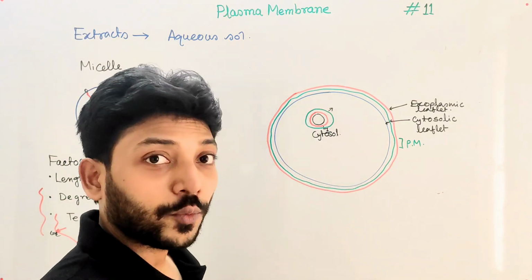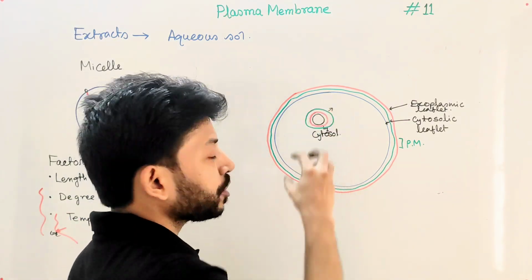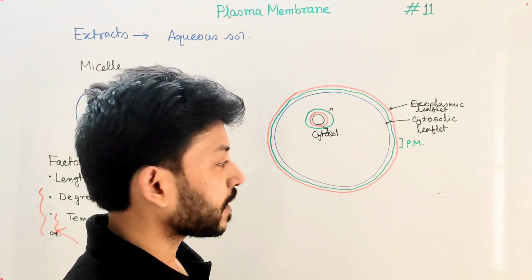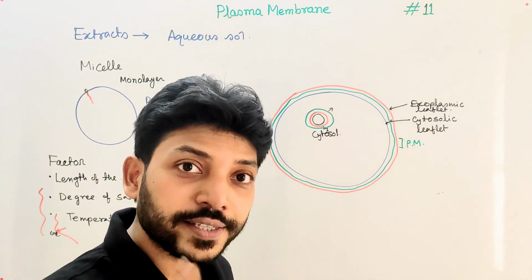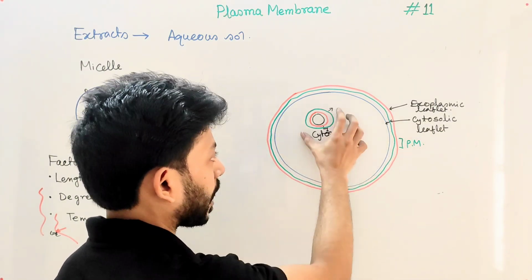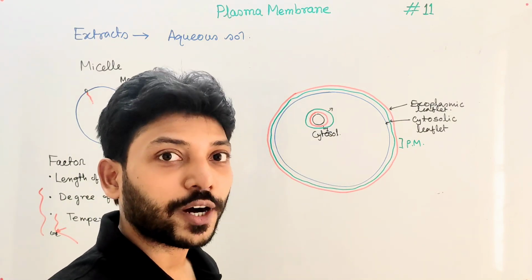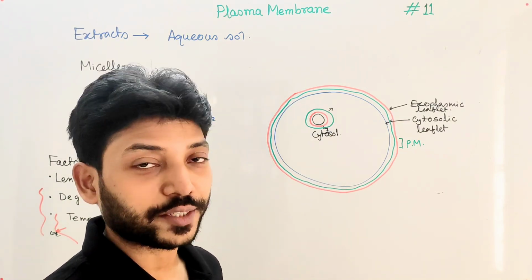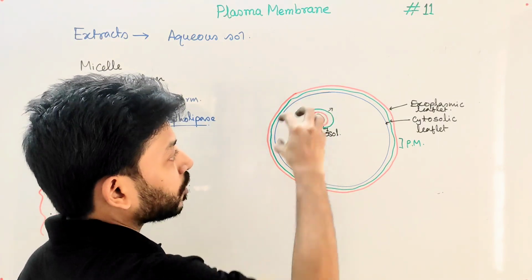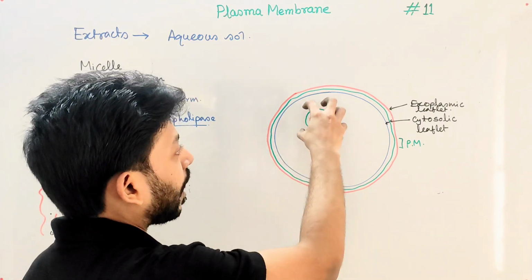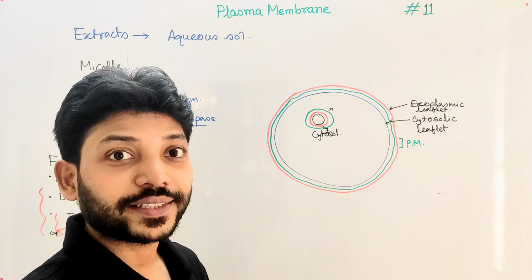Why? Because the composition of the lipid molecules in the cytosolic leaflet has to remain the same for the plasma membrane and also for the membranes of other organelles. It has to be understood. So the color coding here will be that the outer layer will be the cytosolic leaflet.